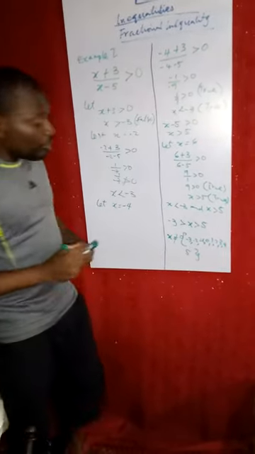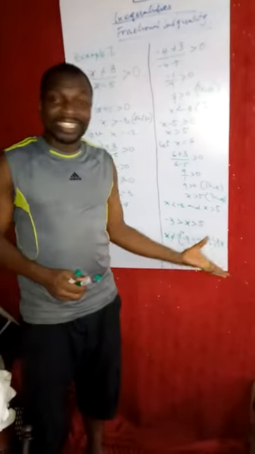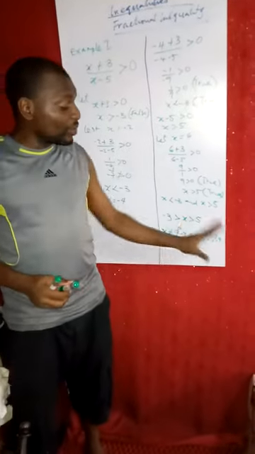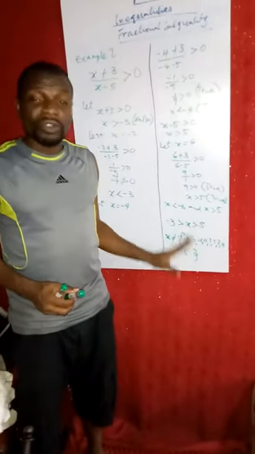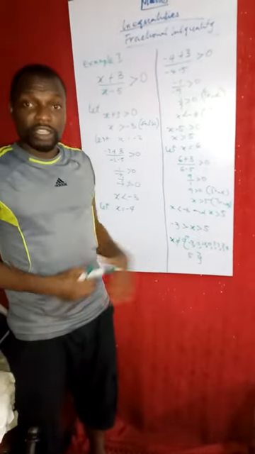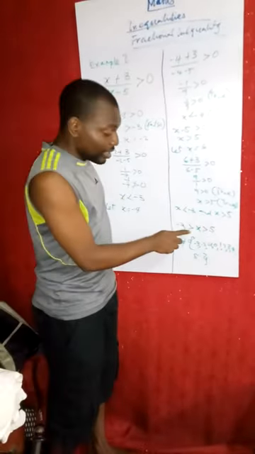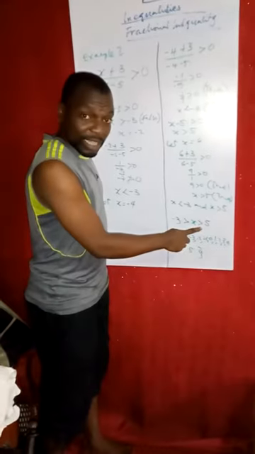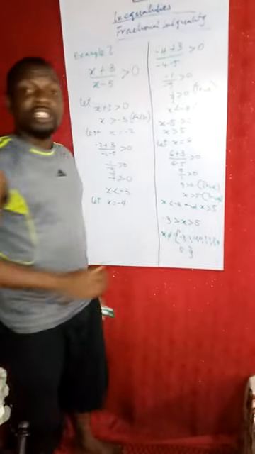Only this set of values will not satisfy x. That means anything other than this set of values will satisfy the inequality. So when you are solving, have in mind that here it will be greater than. So I'm sure this is clear.